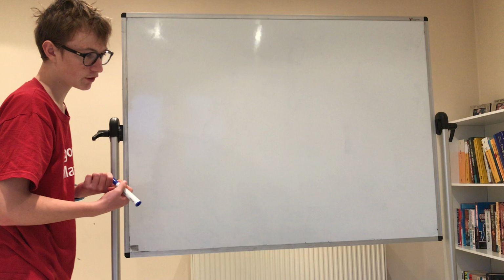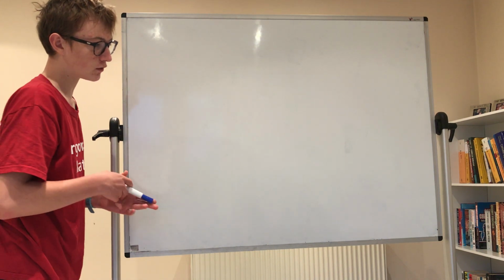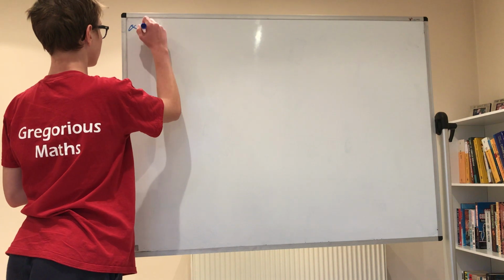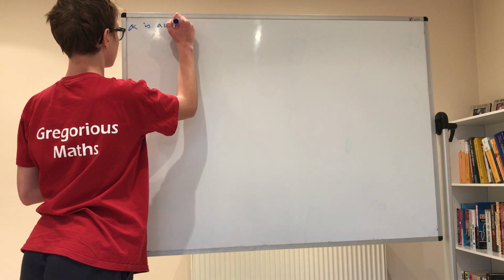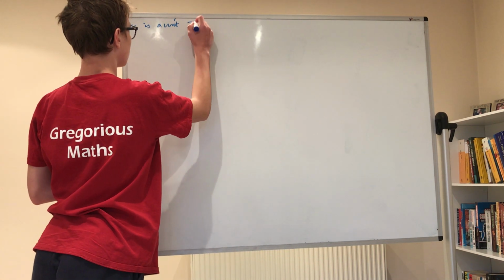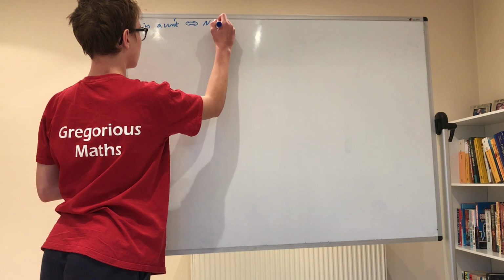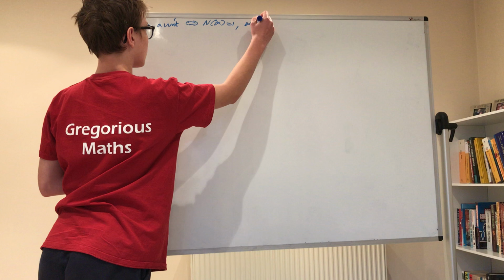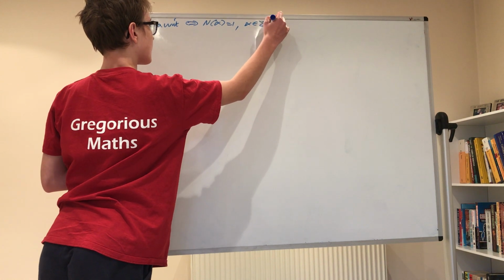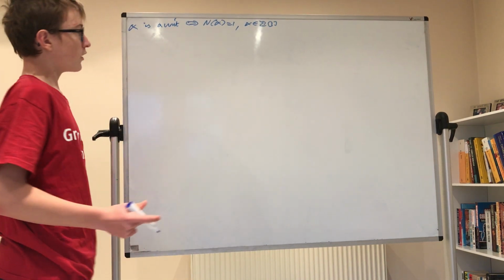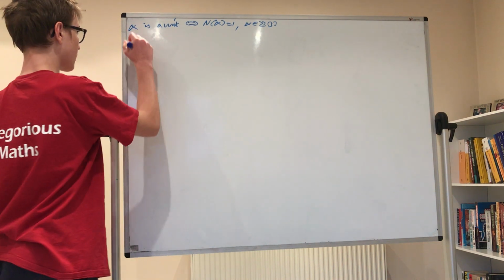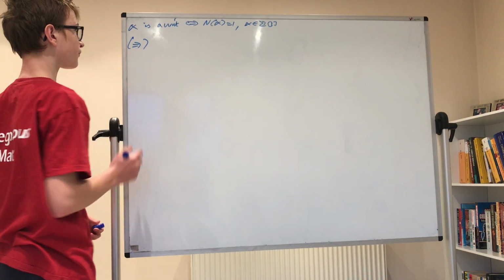Alright, so the first one is, show that a Gaussian integer alpha is a unit if and only if its norm is 1. So the reason for this is, we'll show it this way first.